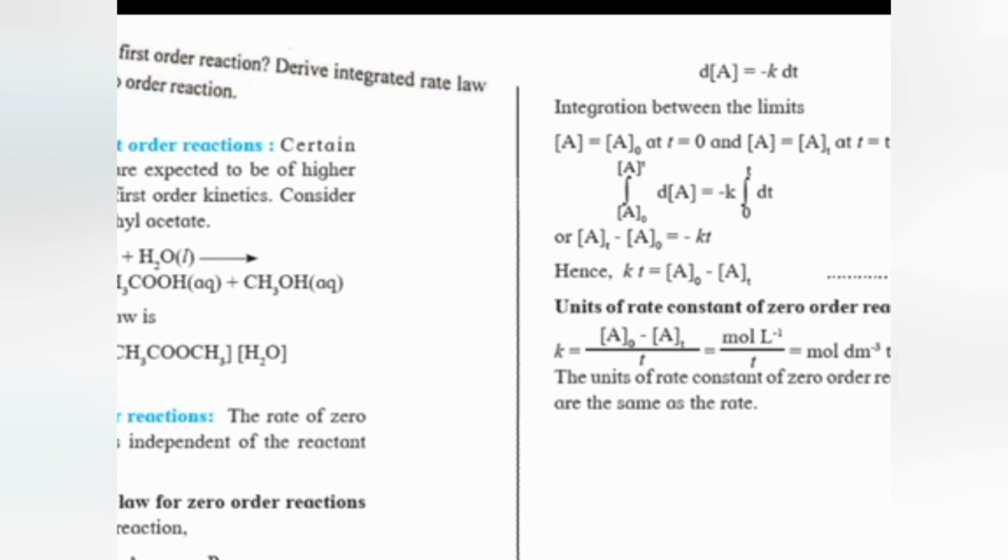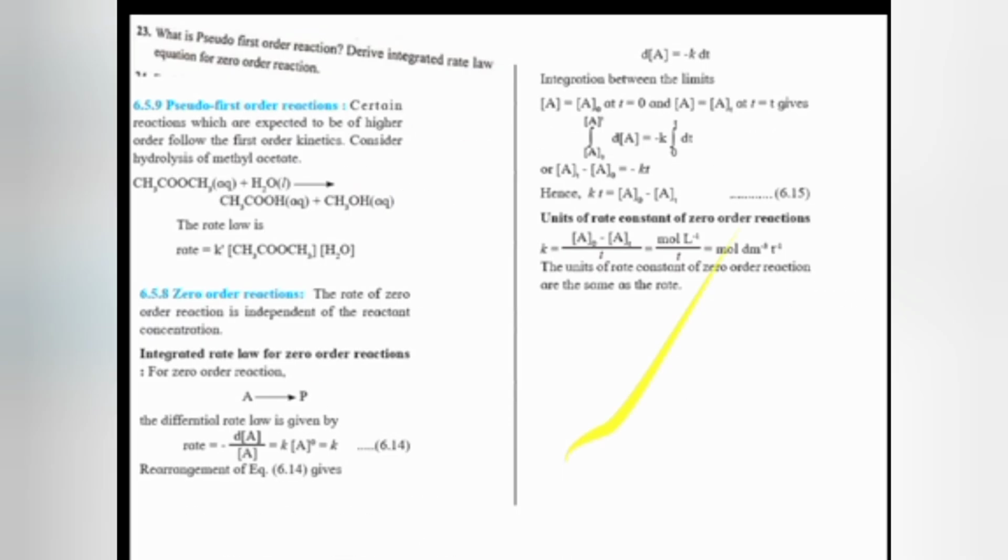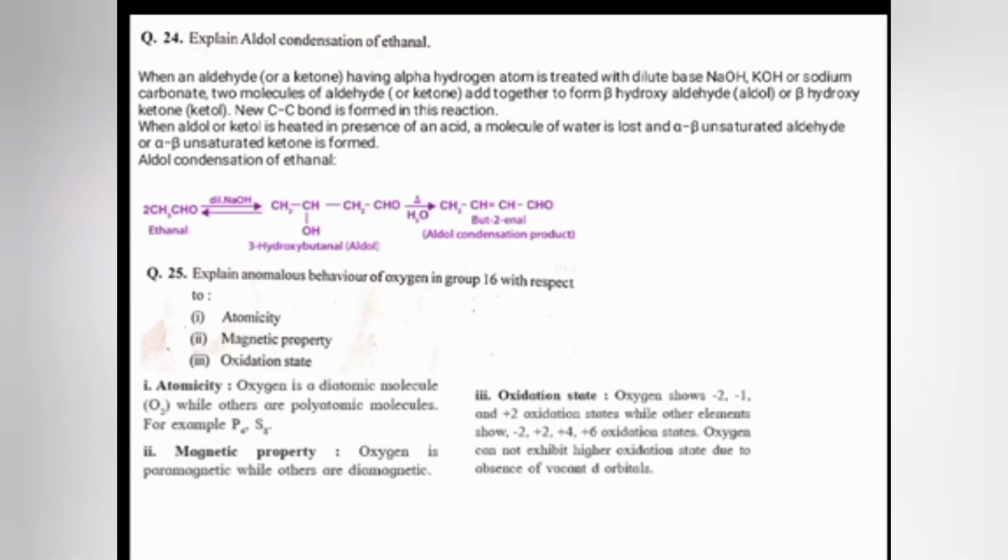If you solve this equation by integrating, you will get the final equation k equals [A]0, the initial concentration, minus [A], the final concentration, divided by time. The unit for a zero order reaction is mole per liter per time, in seconds or minutes.